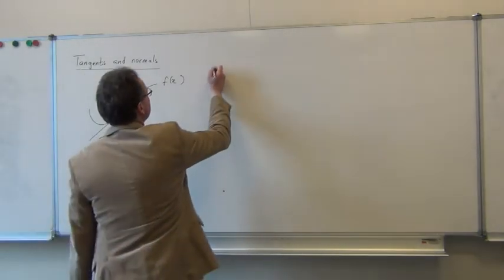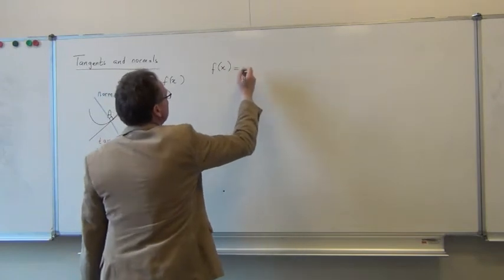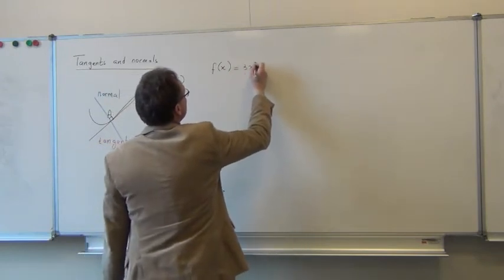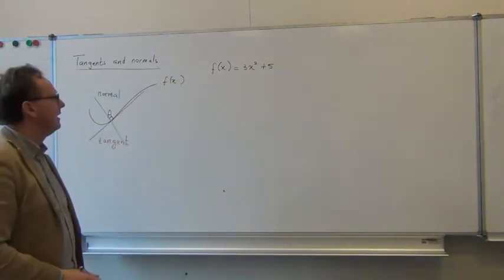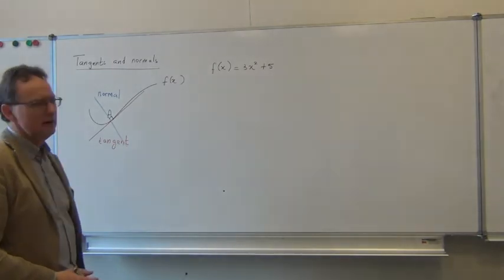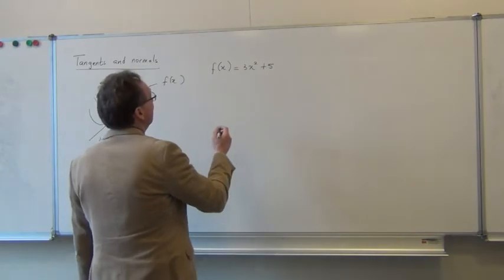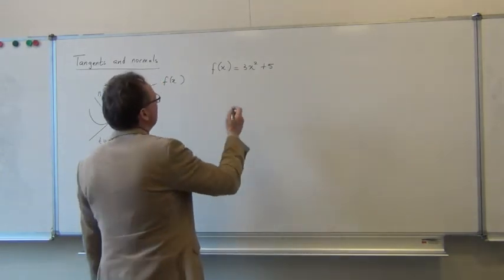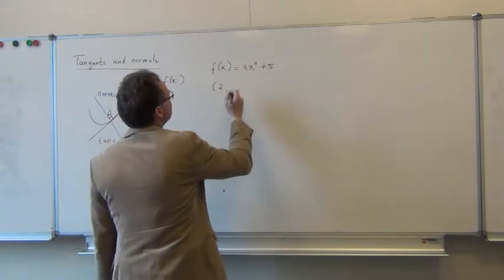Suppose I have f(x), let's say it's 3x squared plus 5, which we all recognize as a quadratic formula, so the graph is a parabola. And let's say we're interested in finding the tangent line for the point x is 2 and then y is 17.